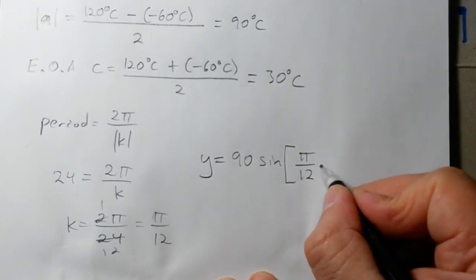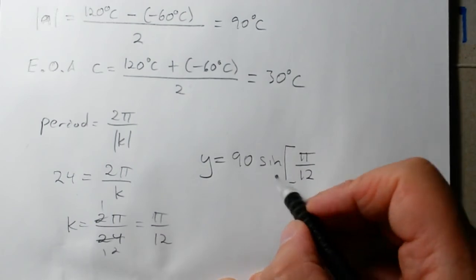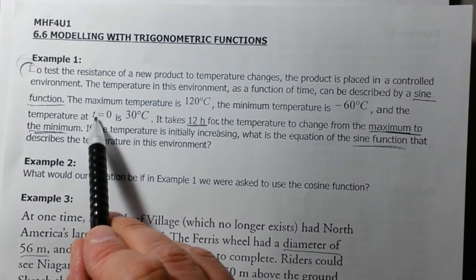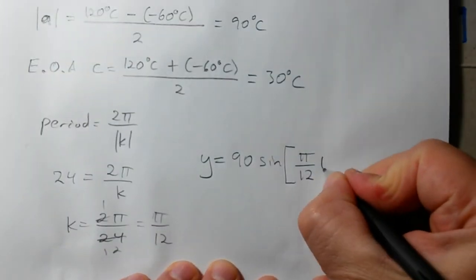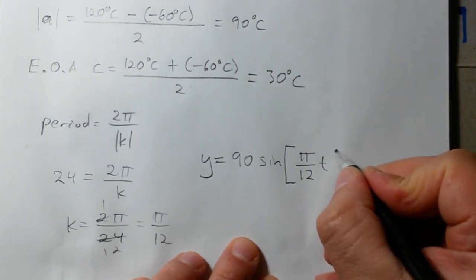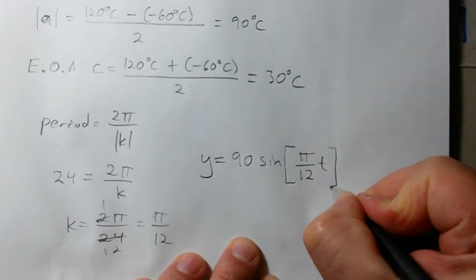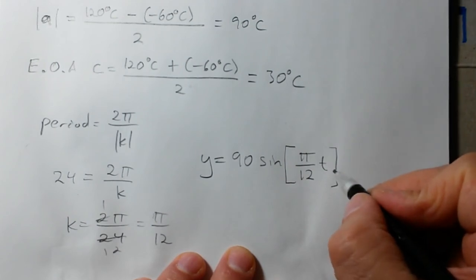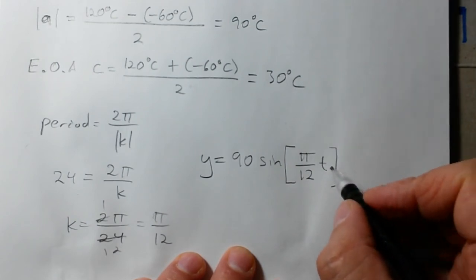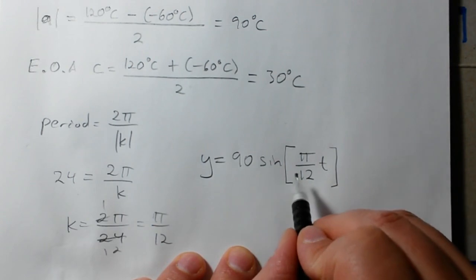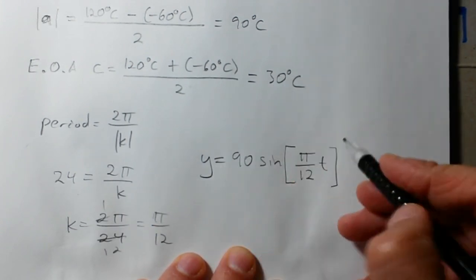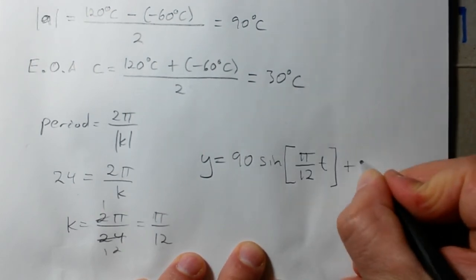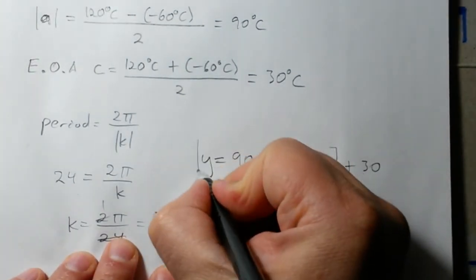I would have put X, that's what I started with, but they're using T, small t, so instead of X we're going to use T. There's no phase shift since we start at the origin of the sinusoidal wave, plus the equation of axis, which happens to be 30 Celsius. So plus 30. This is our equation.